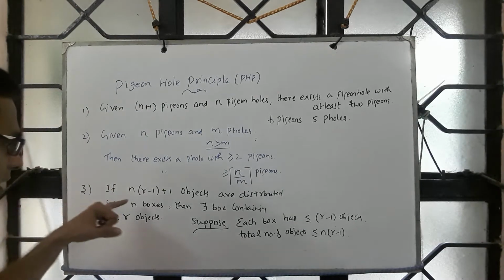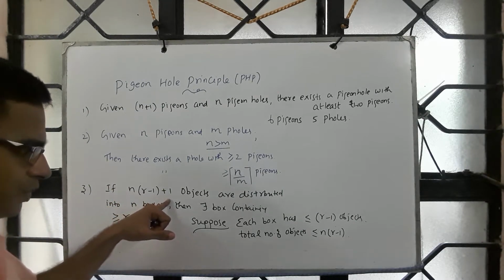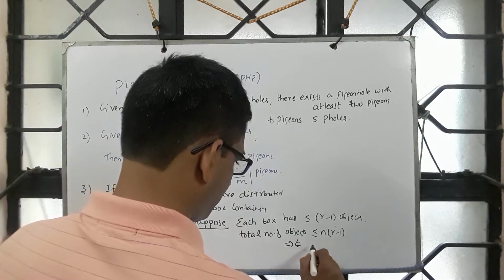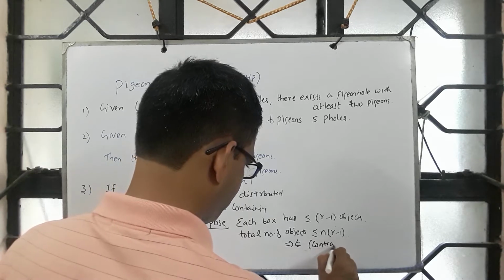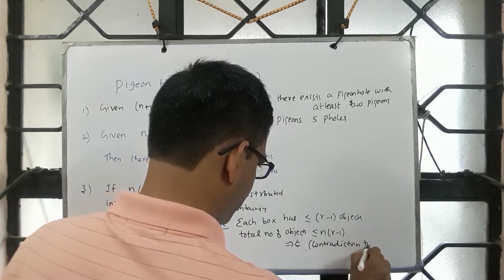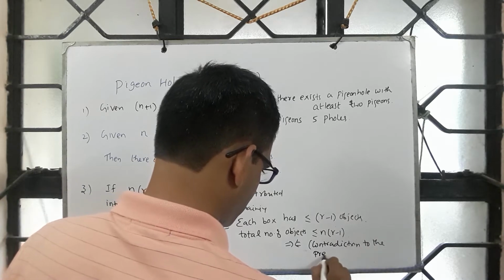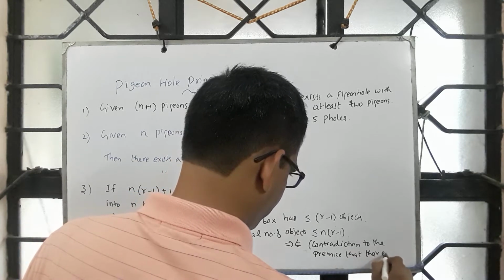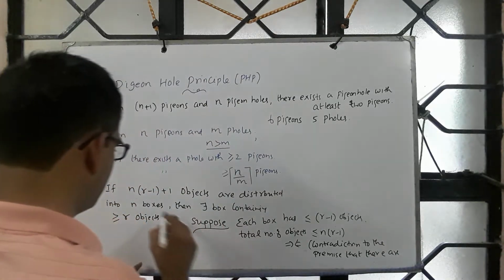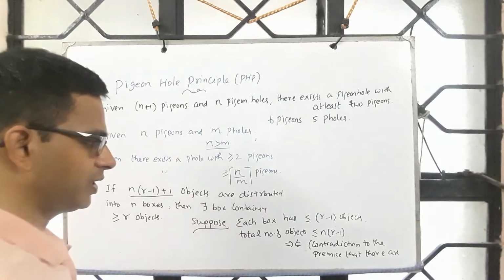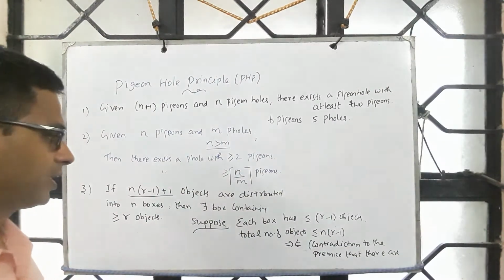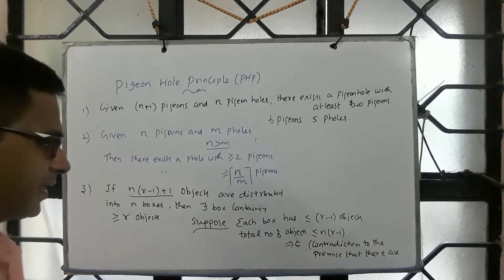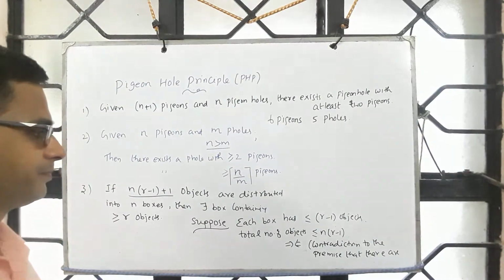But we know that there are n into r minus 1 plus 1 objects. That's the contradiction. So this is a simple proof by contradiction, a contradiction to the premise that there are n into r minus 1 plus 1 objects. So this shows that the claim is true, that there exists a box containing at least r objects.